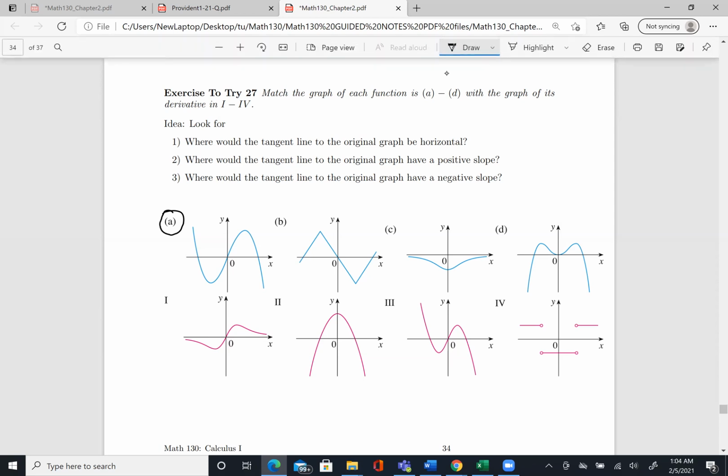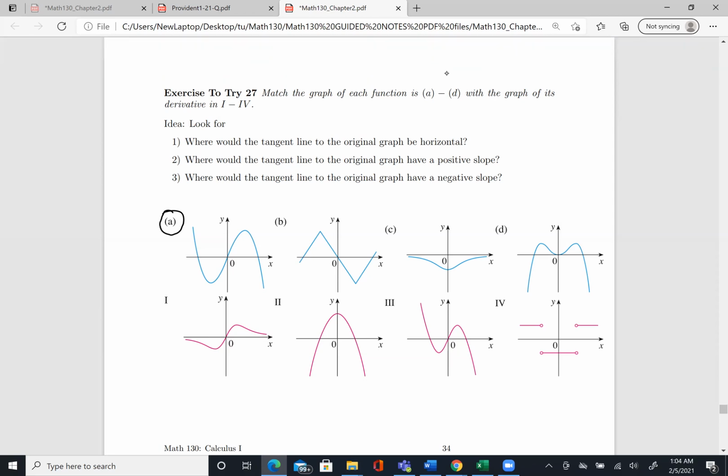And remember that when you want to look for the derivative of the original function, you just care about when it's decreasing and when it's increasing. So say from here to here is decreasing. You're going to look for the graph that from negative infinity to this point is negative.